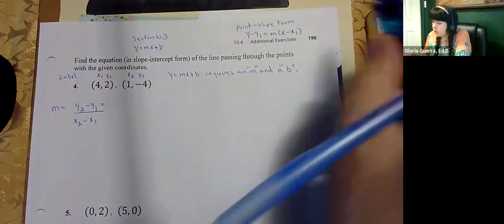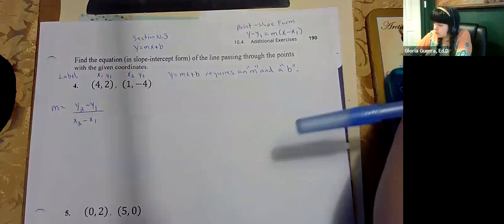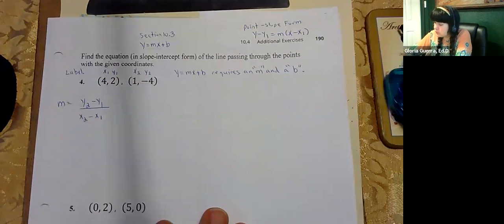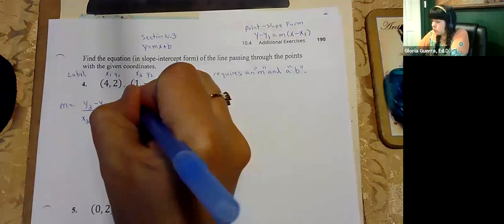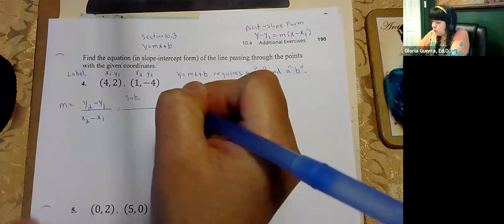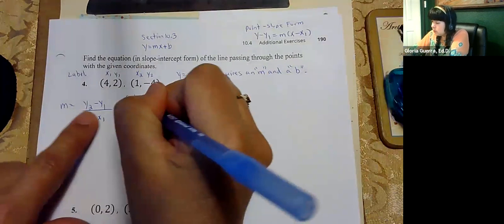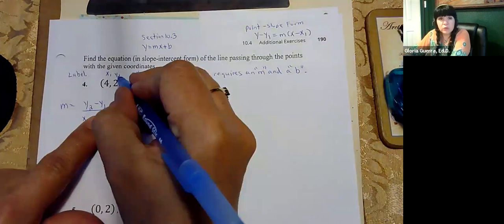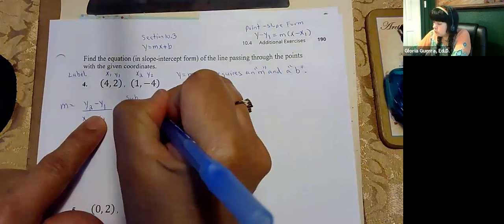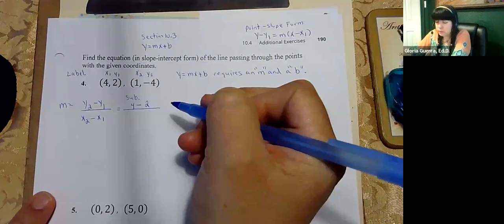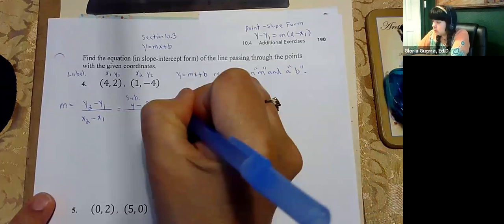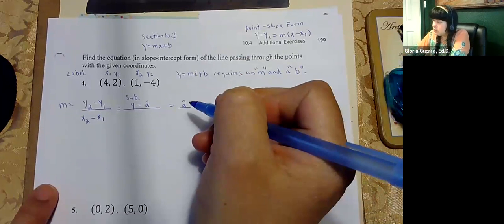All right. So now you're going to sub, which is short for substitute. So y2 is the number 4, take away y1 is the number 2. So 4 take away 2 is 2. Oh, I made a mistake.